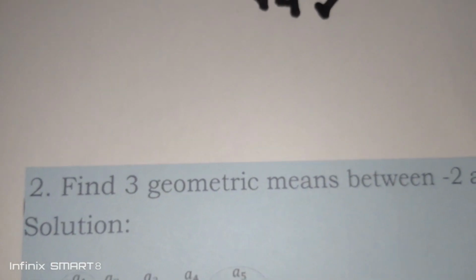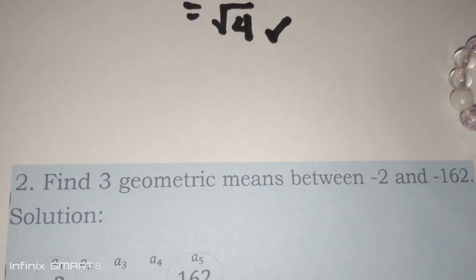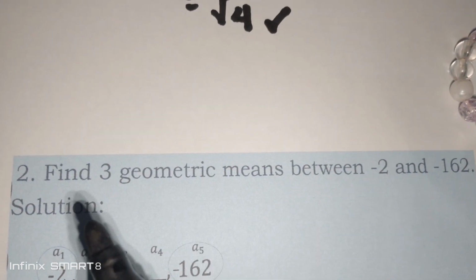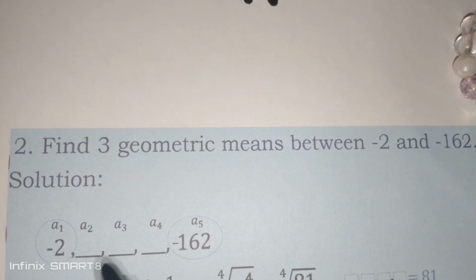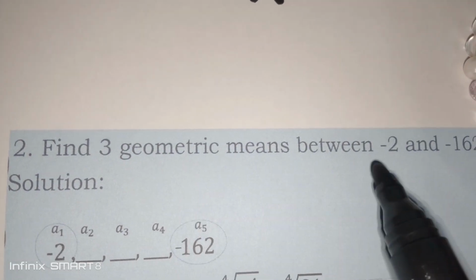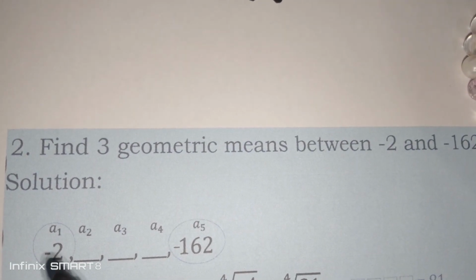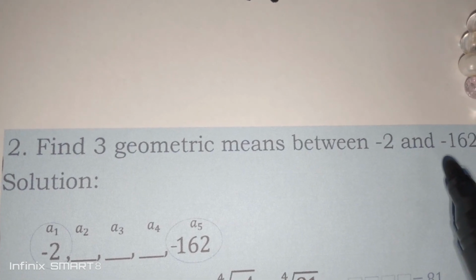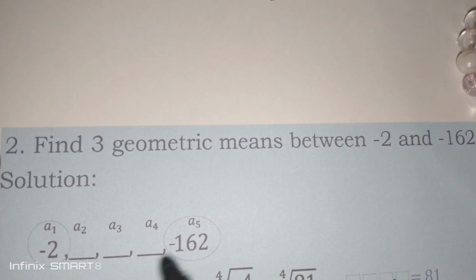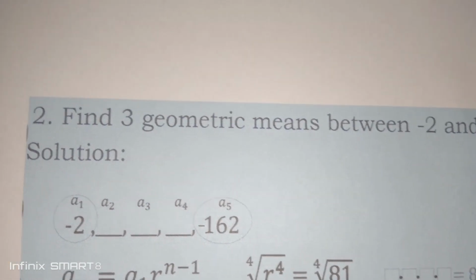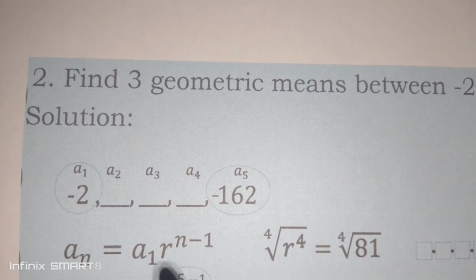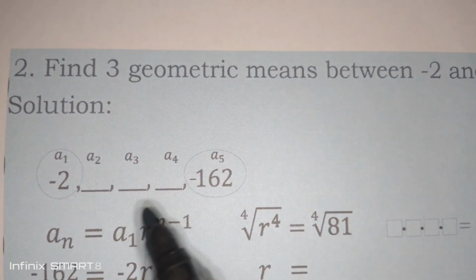So, next, number 2. Okay, find the geometric means between negative 2 and negative 162. So, the three geometric means between negative 2 and negative 162. So, you can write first the given, A1, you have that negative 2, and the last, or your A5, is negative 162.